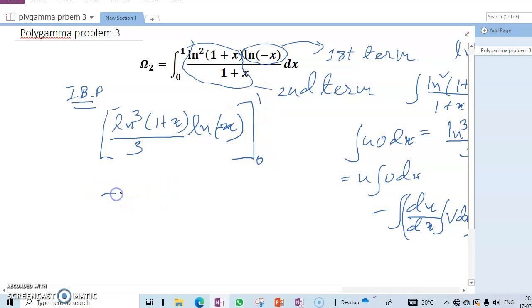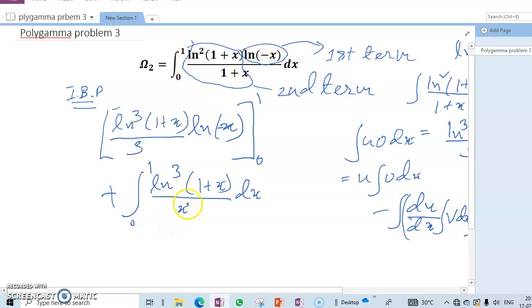And the next portion is the derivative of ln(minus x), with a minus sign, from 0 to 1 of ln cube(1 plus x) divided by 3 into dx, because it is a simple derivative, friends: du by dx of ln(minus x) is equal to 1 by minus x.